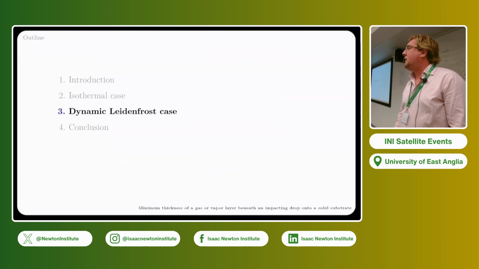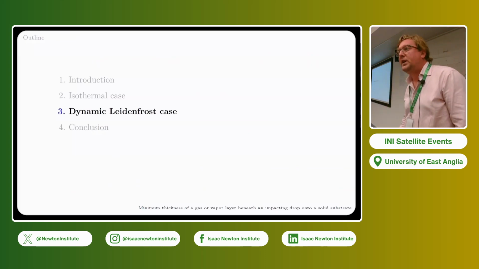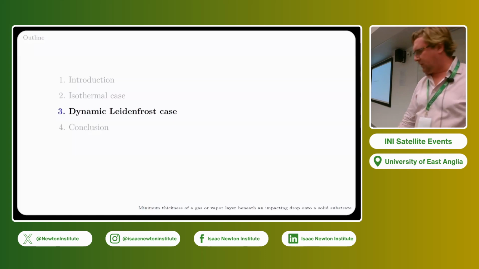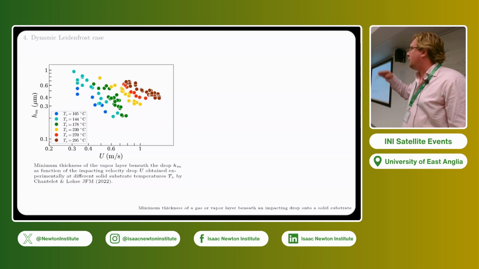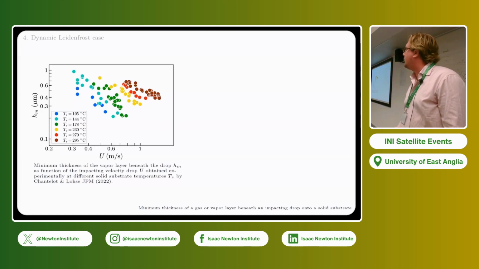We look at the dynamic Leidenfrost regime. So this case is a simpler case. Now it's more complicated because we are heating the solid substrate. So the same, we used the experimental results obtained by Chantelot and Lhuissier, heating the substrate, measuring the minimum thickness, and we have these different curves.